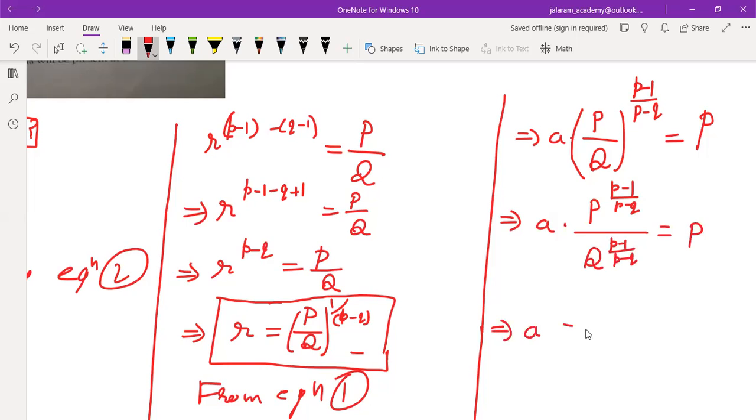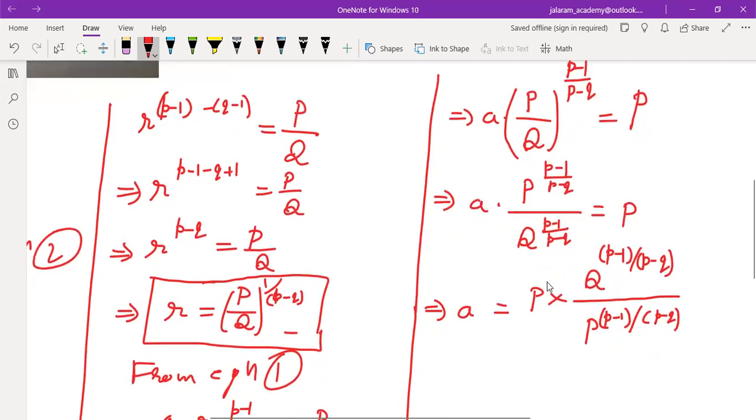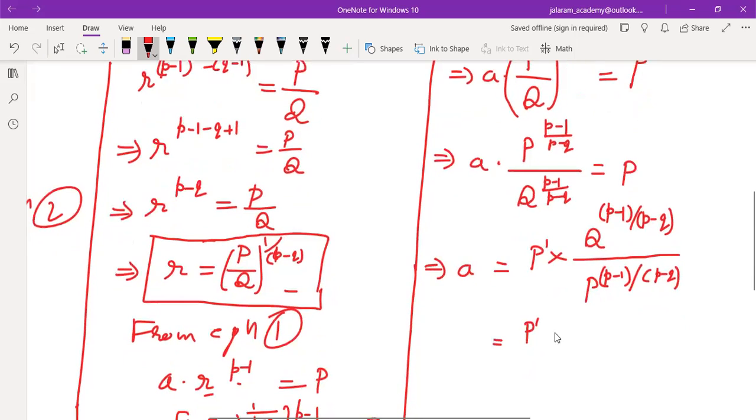So it implies A equals, all the terms will be transferred to the right hand side. So Q to the power p minus 1 upon p minus q is written in the numerator, over the denominator P to the power p minus 1 over p minus q. Now there are two terms of P. These are collected together and in division the powers are subtracted.